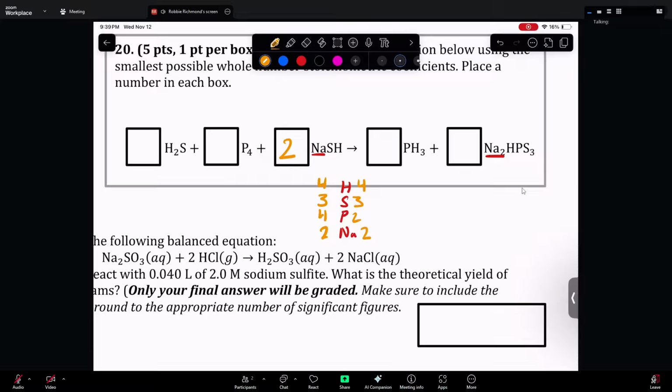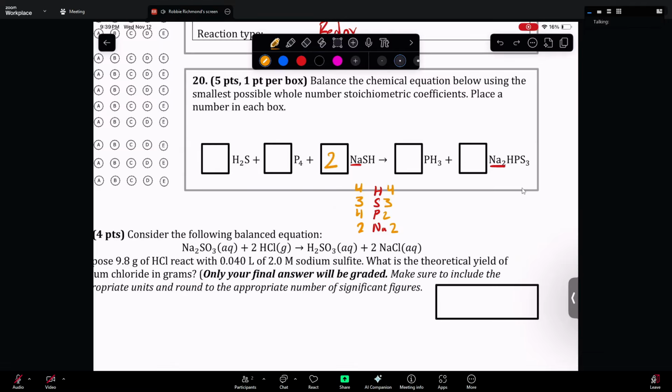Alrighty, so that is basically everything besides phosphorus to balance. However, I would heavily recommend just picking one of these and throwing a number there, and then going to add another coefficient to the other product to balance everything out. So for this one, I'm just going to throw, let's do a 1 right here.